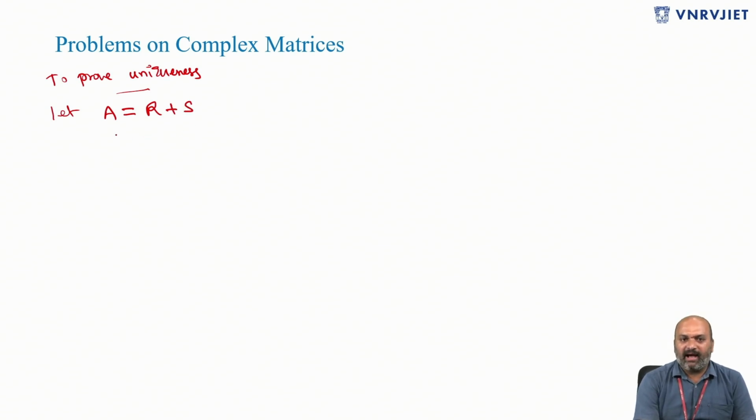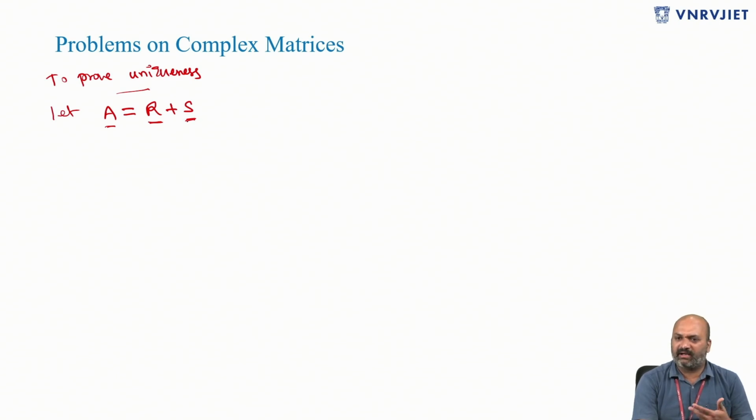So R and S. Here R is Hermitian and S is a skew Hermitian matrix. That is, A can also be expressed in another way. In the previous slide we showed A is expressed as the sum P plus Q, where P is Hermitian and Q is skew Hermitian. I am taking that A can also be expressed as the sum of Hermitian and skew Hermitian matrices in another way.